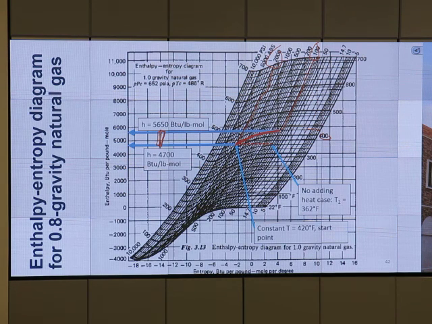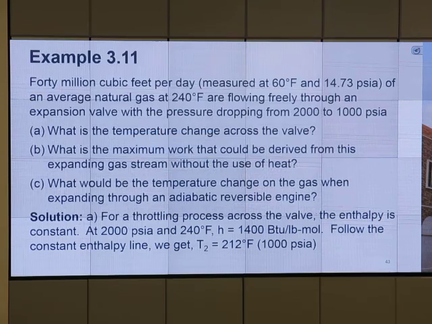So if we just expand, okay, through a choke, constant H, enthalpy, we just move straight to the right hand side, and we stop at the pressure that we have, and then at that point, we have no heat added in, so the temperature dropped to 362.